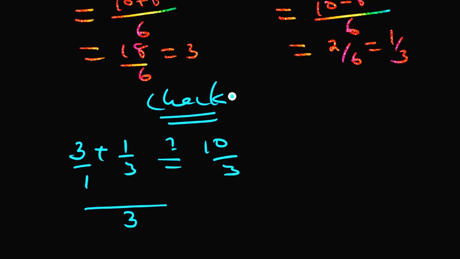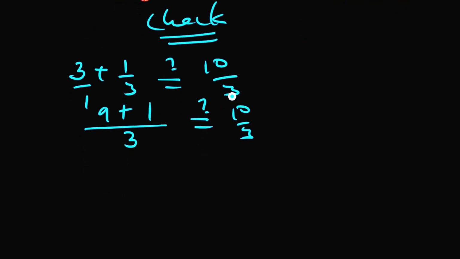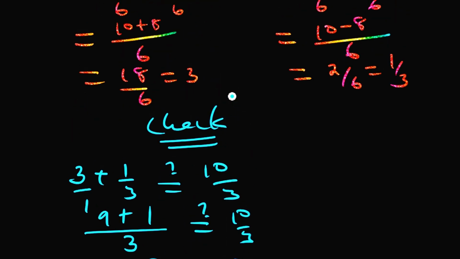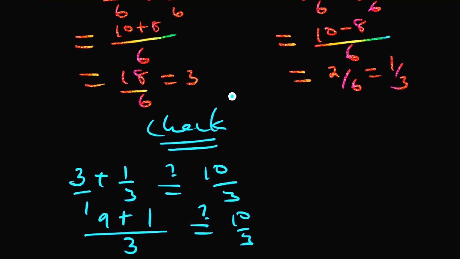So 1 into 3, 3 times 3, that is 9, plus 3 into 3 ones times 1, that is 1. And we check if that is equal to 10 over 3. So 9 plus 1 is 10. So we have 10 over 3. And that is indeed equal to 10 over 3. So it means our first solution is true.